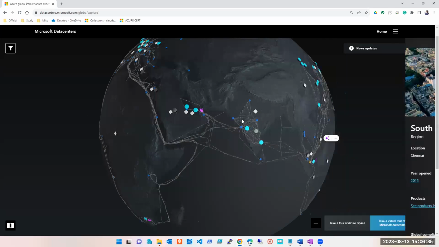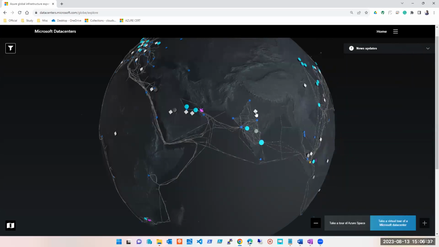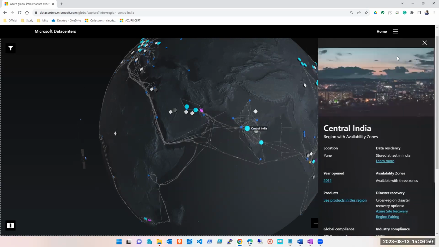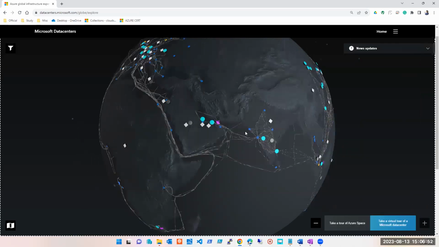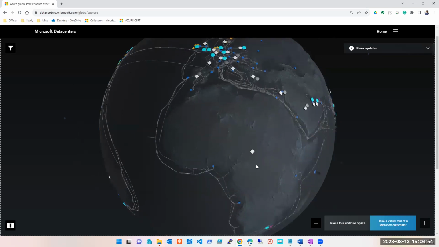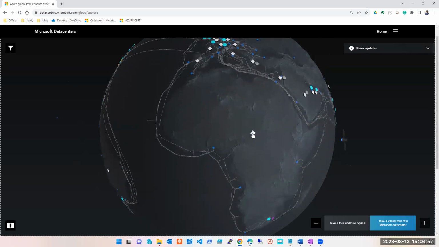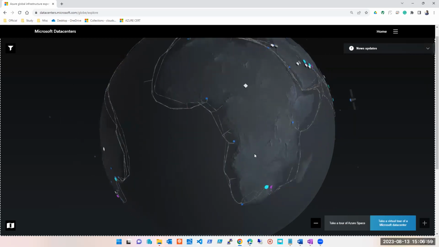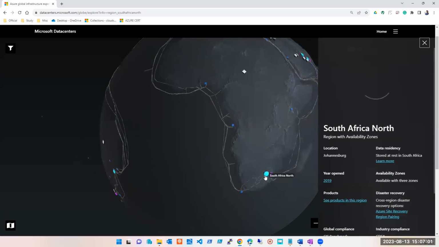Okay, so this is geography and these are regions. Geography is just a symbolic thing. They are saying we are available in India, so that's our geography. But regions are specific to address, that is, where in India you are available. How many regions do you have in India? They have 3 regions. Similarly, South Africa has only one region, South Africa North.